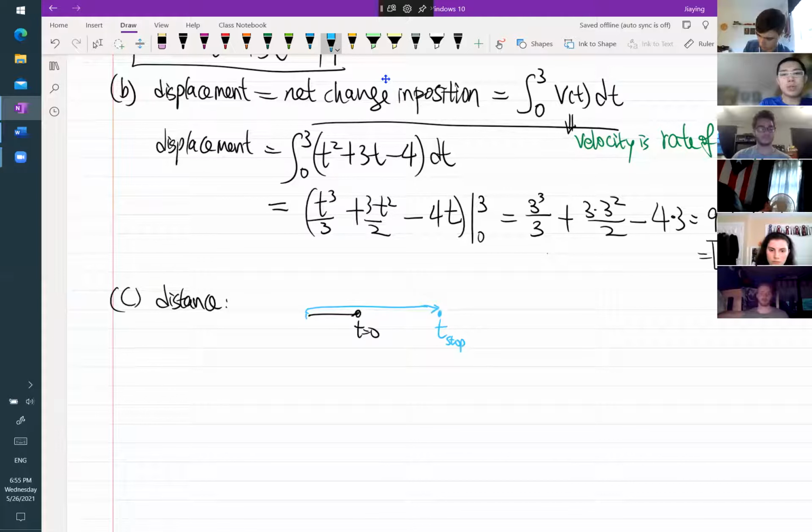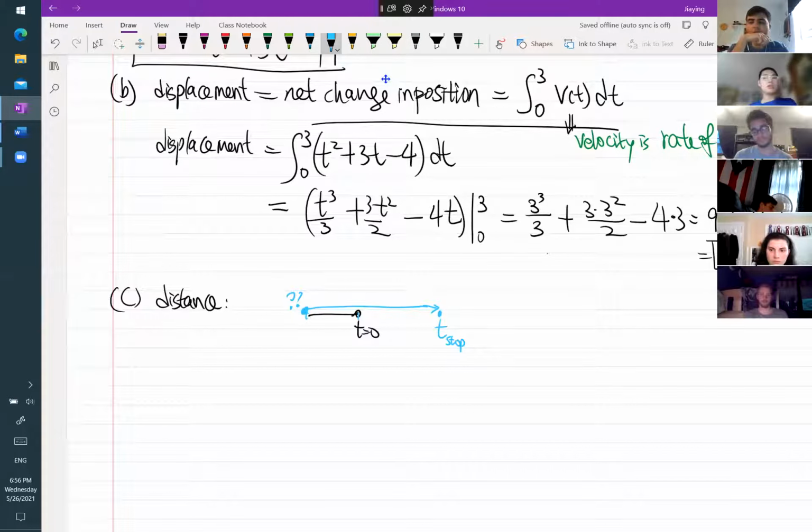So we need to take both parts, both distances, and add them together. And then you have to figure out when this turnaround happens, the time when it changes direction to go the opposite way.